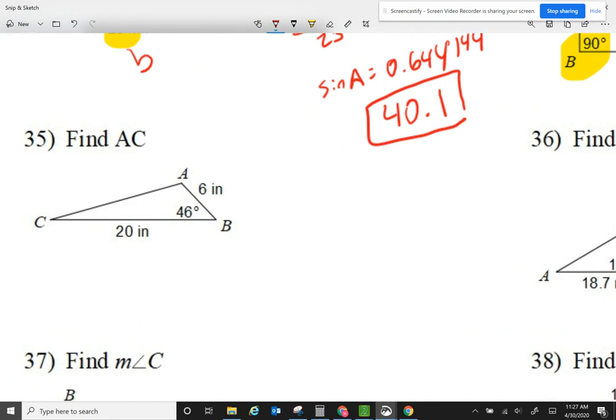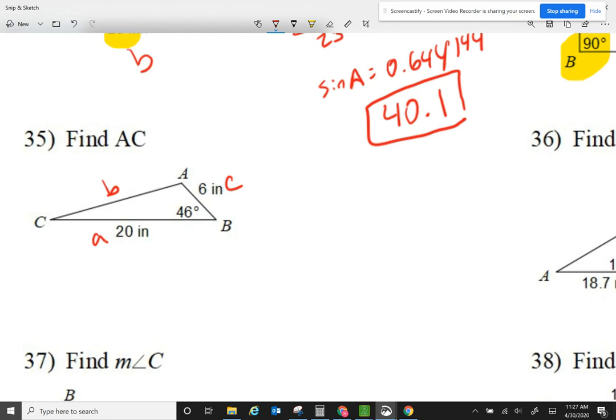I'm going to call this side little a, this is little b, and this is little c. Now, I notice that I don't have side A, angle A, or side B, angle B, or side C, angle C. I don't have two of the same letter, so I have to use law of cosines.